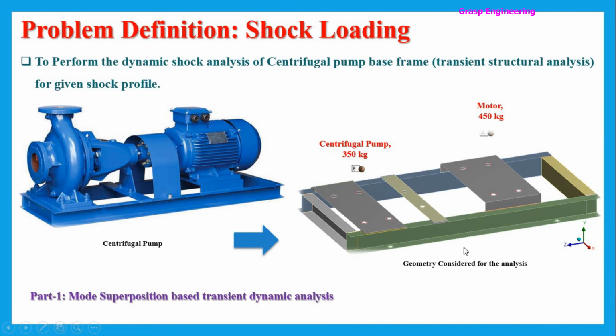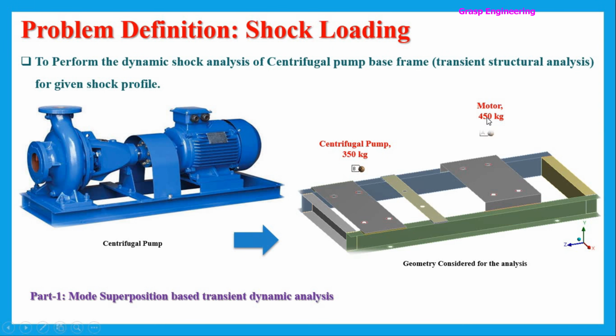This is the simplified geometry which we will consider for the simulation. Here we will not consider the centrifugal pump itself. Instead, we will adjust this 350 kg mass and apply it using a point mass. We will connect it to the mounting location, similar to the motor location.